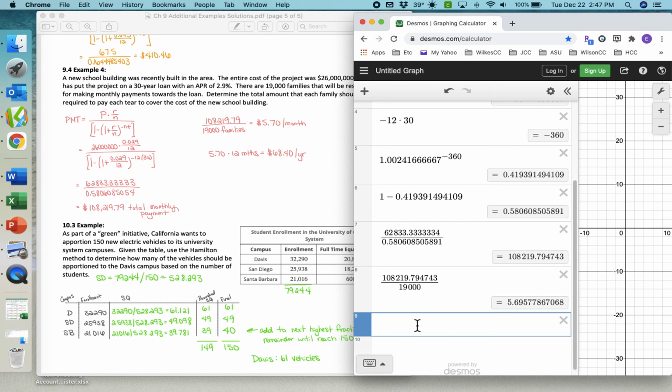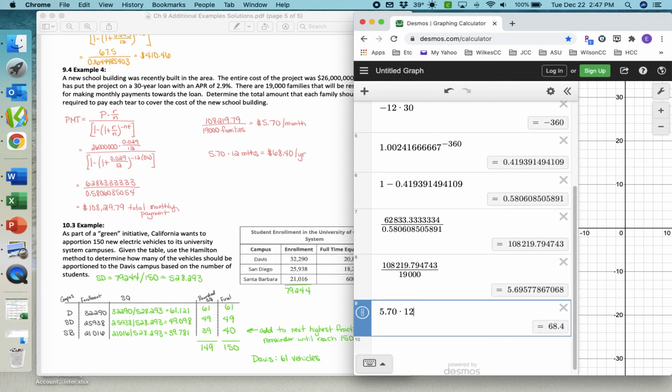So we want to round to 5.70 and then multiply that by 12. So here we have our $68.40 per year. Oh, then there is Willow saying hi or bye. Hopefully this helps.